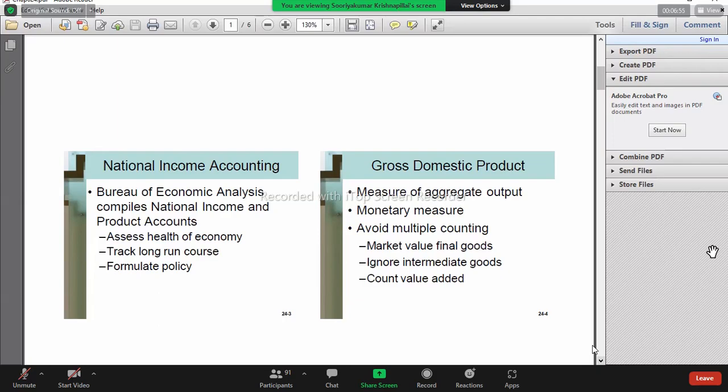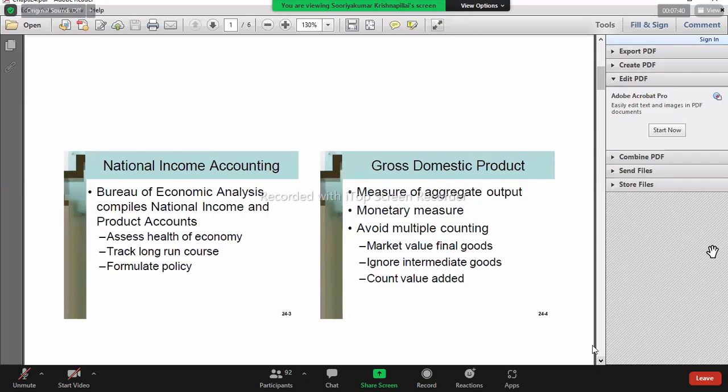The intermediate goods value is already included in the final goods and services. Wheat flour is an intermediate good whose value is already included in the bread. If we value both separately and sum up, then we overestimate our GDP.